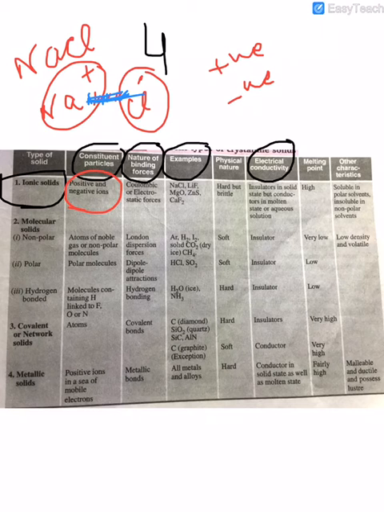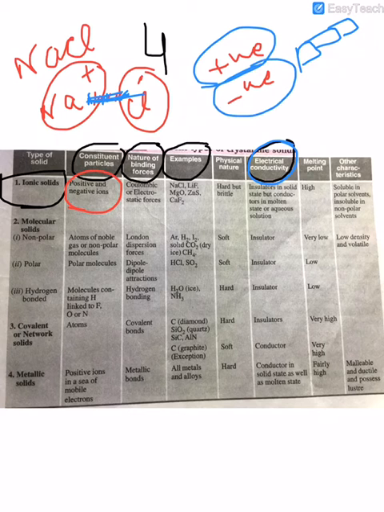Now the fourth property is electrical conductivity. These solids are insulators in the solid state, because in the solid state the ions are tightly packed, but they become good conductors of electricity in their molten and aqueous states, because in these states they split up into ions, and we know that electricity is caused by free ions.